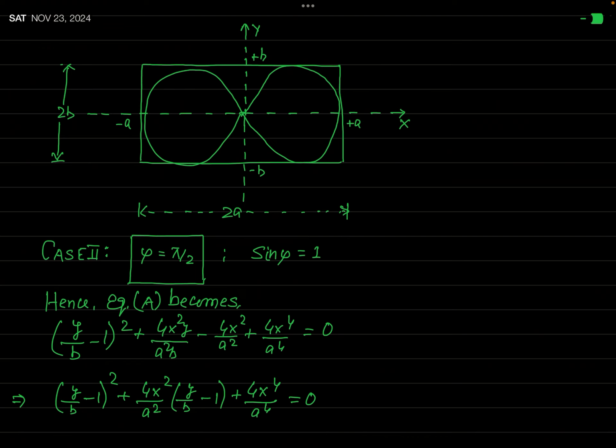In this figure, I have shown a closed curve having two loops, and it is inside a rectangle whose sides are 2a and 2b. Okay. So when phi is 0, the Lissajous figure will be like this. This is actually the Lissajous figure. Okay. The particle will describe such a curve. You can see this will be the path traced out by the particle.